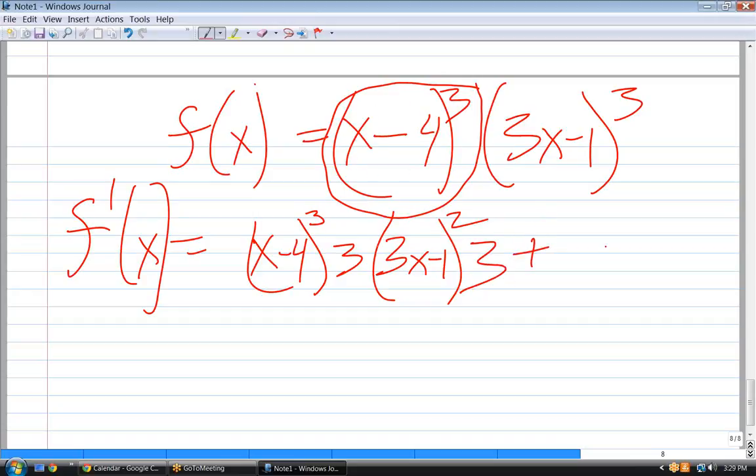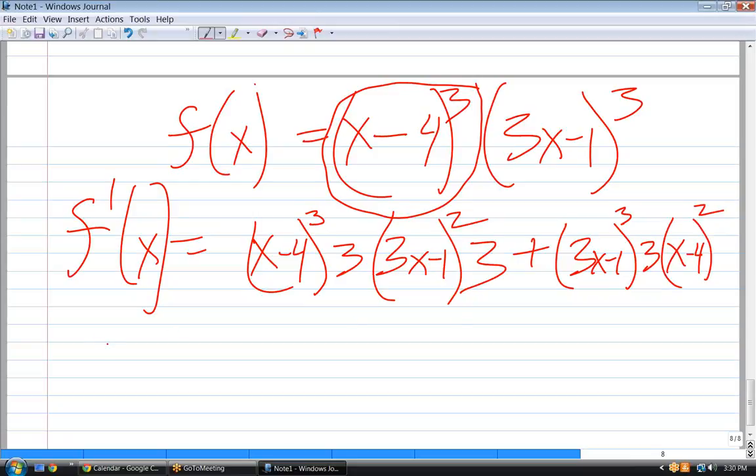What's the next part? 3x minus 1 cubed times 3 times x minus 4 squared. And then it would be multiplied by 1, but it doesn't matter. Squared. Yeah.